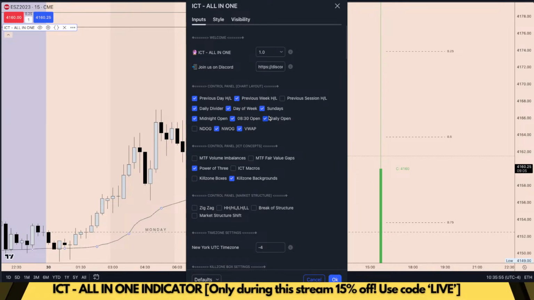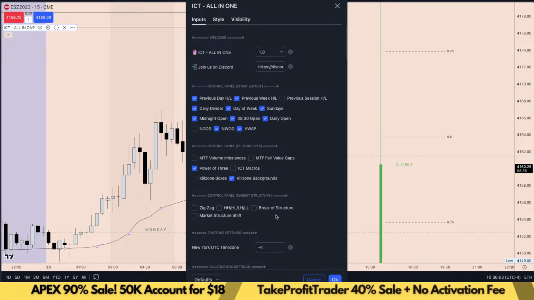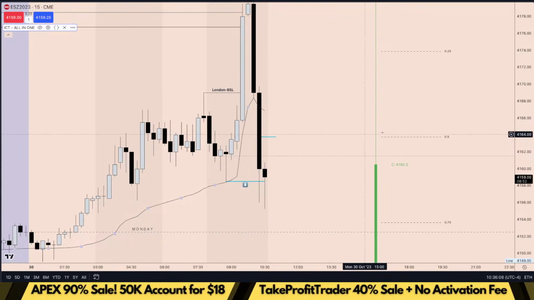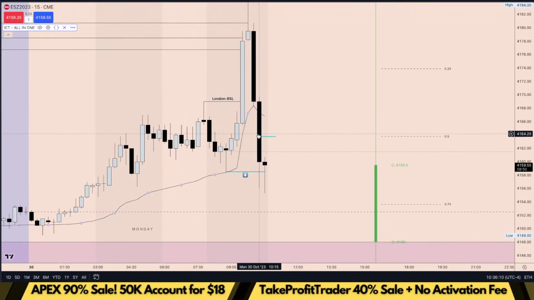Really makes life easy. And of course, that's the alpha version. It's not done yet. We will have breaker blocks and all that kind of stuff added in the future as well, but it will take some time. Rome wasn't built in a day.